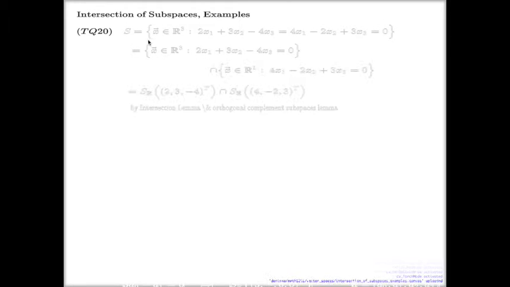Here's an example of how to use these two together. I call this slide the intersection of subspaces example. It's example 20 in the tutorial book. That's a set S, which we need to argue is a subspace. Look at this.